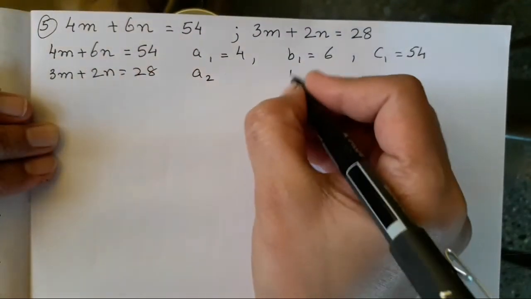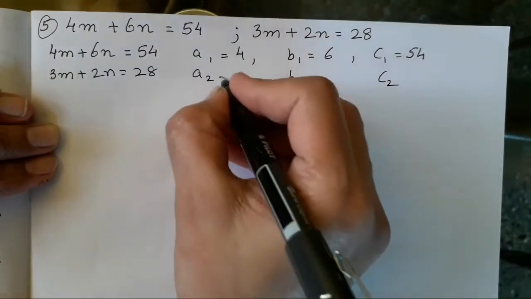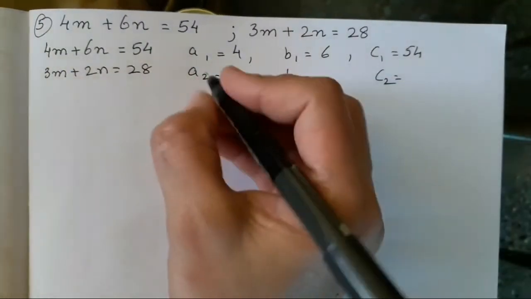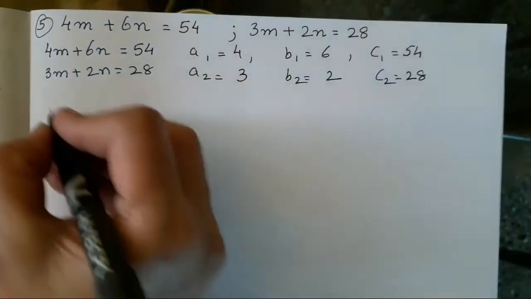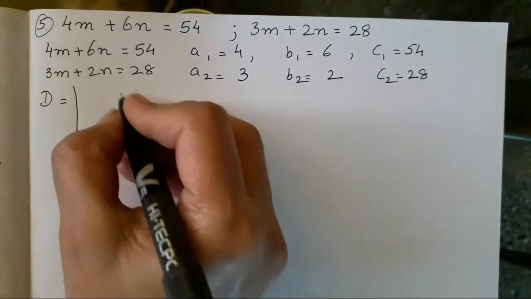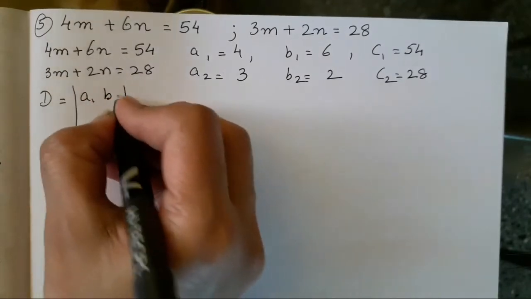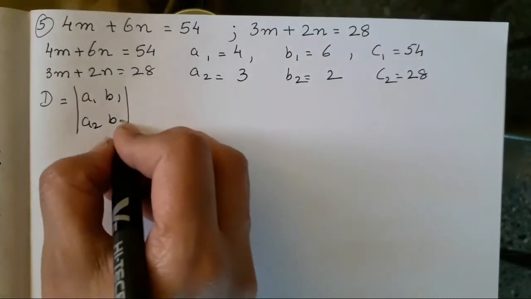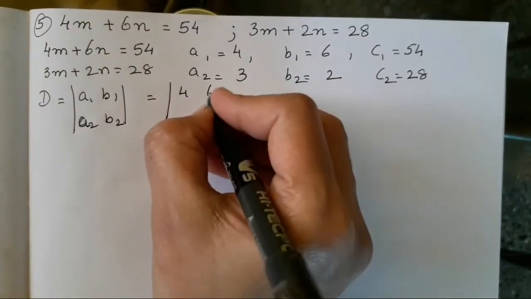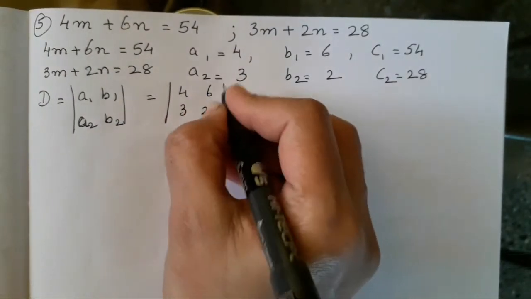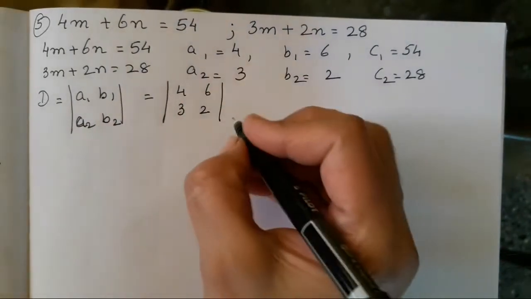So a2, b2, c2, 3, 2, 28. Okay, D, you will see we have not changed the formula. The formulas are same. So while solving only it will be learned. You don't have to take extra effort to revise these formulas.